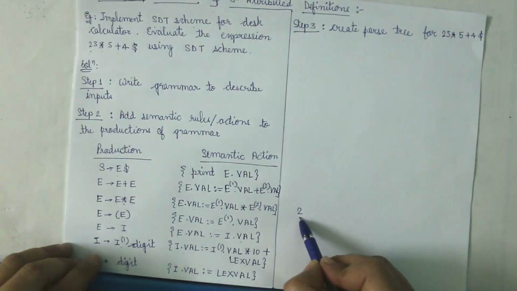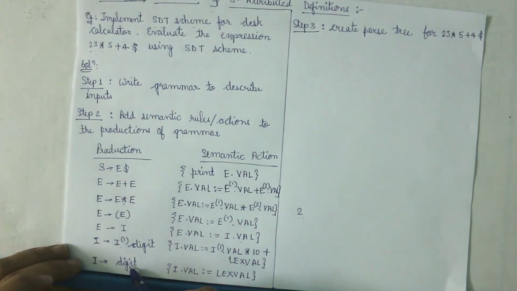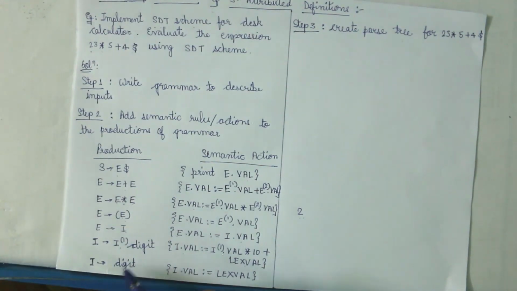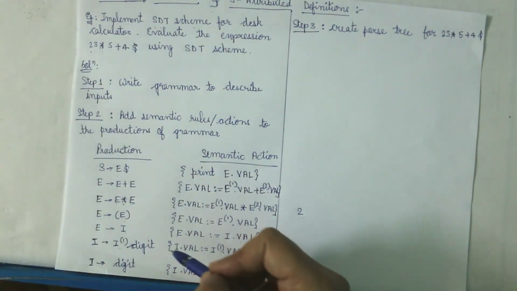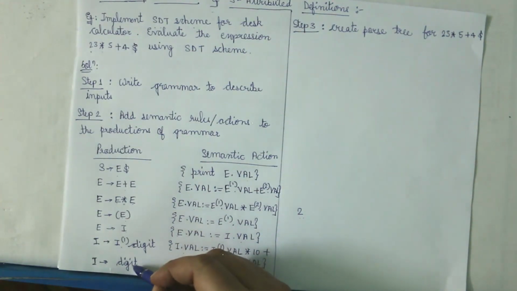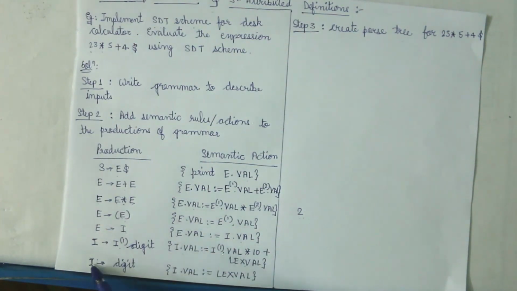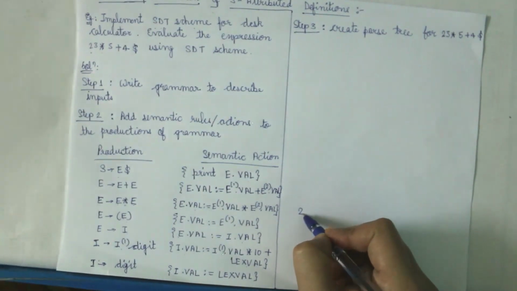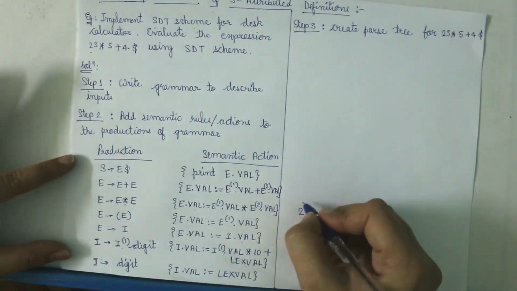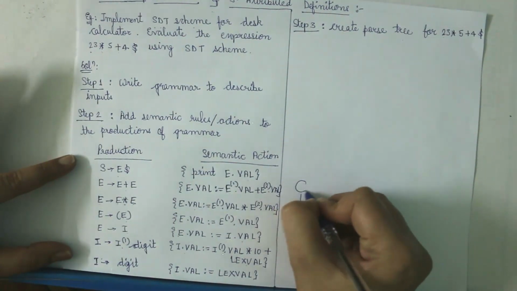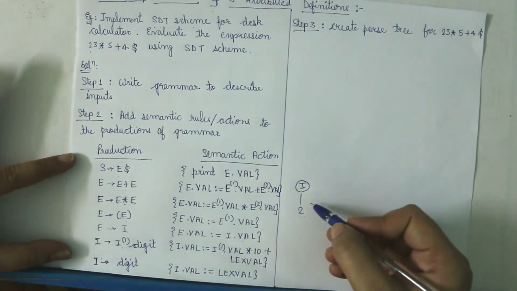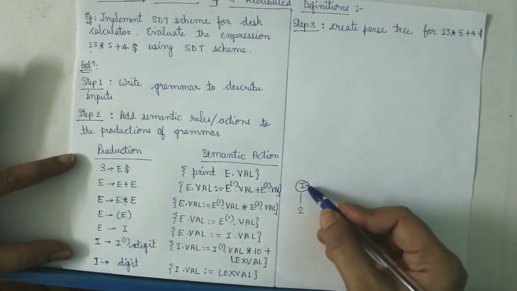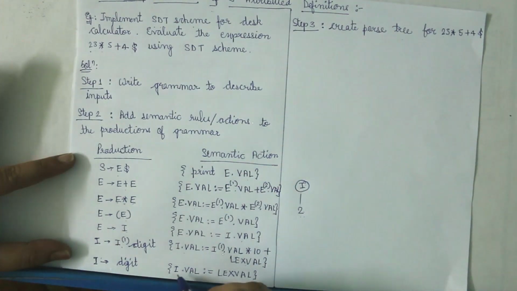This 2 is a digit, which can be seen here, and we'll be applying the productions in reverse order. Reverse order means digit will be replaced with I, and this will be done simultaneously. So this is my digit. Digit is replaced with I. The moment I make 2, which is my digit, into I, lexval becomes I.val.